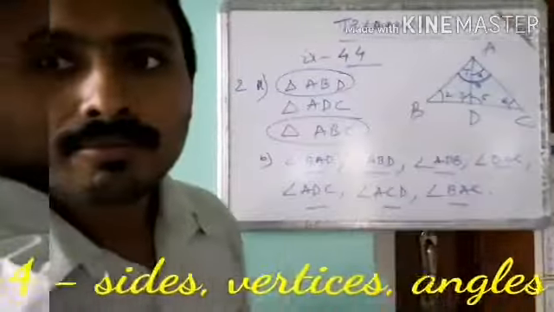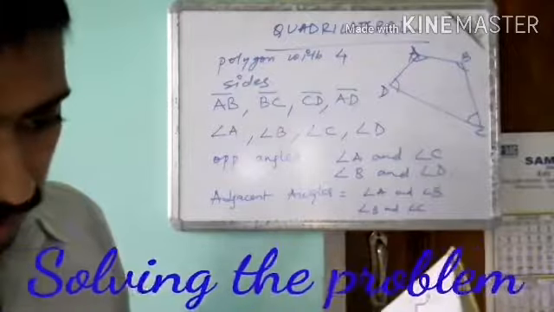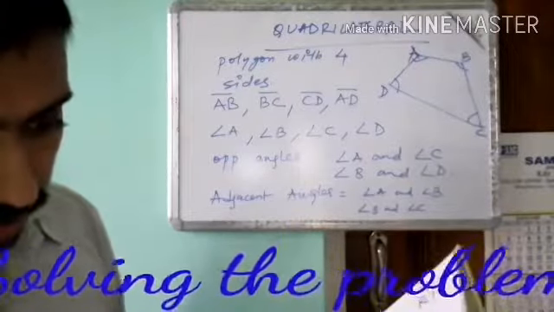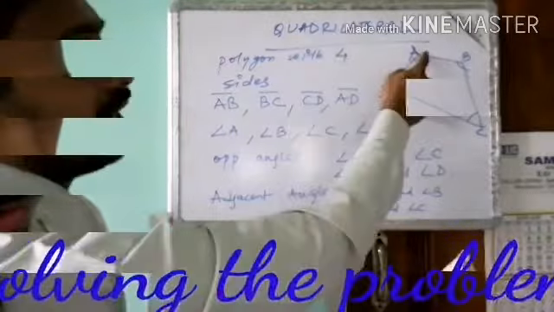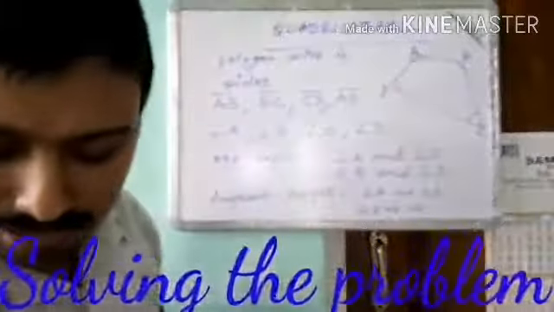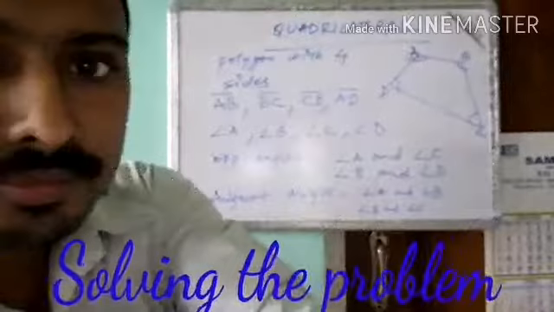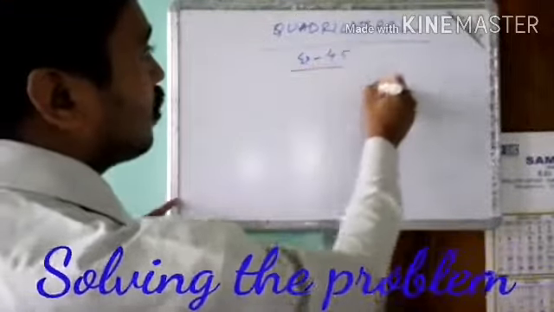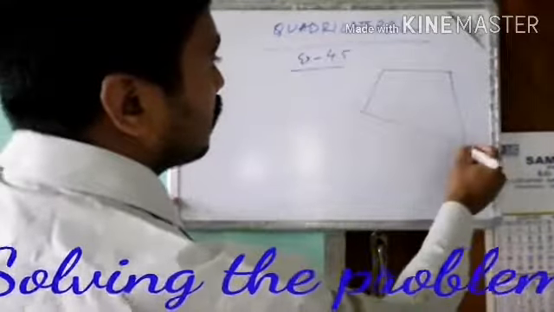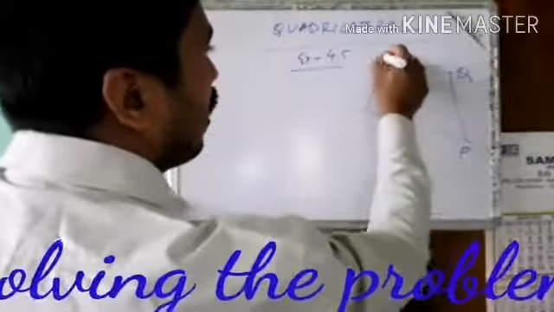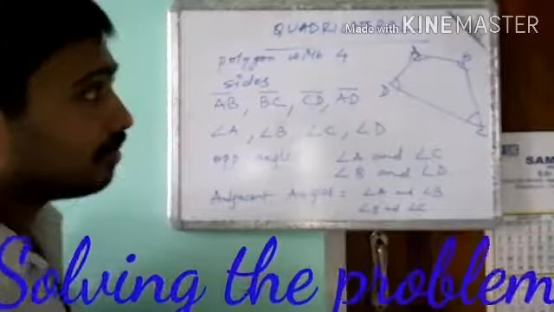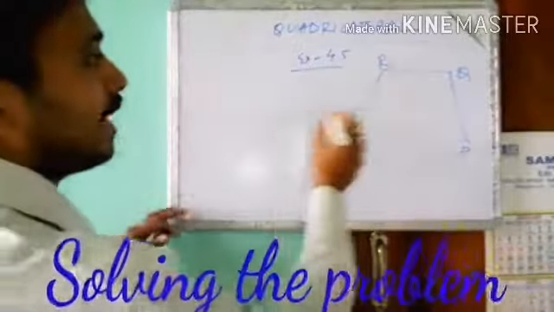Draw PQRS. Draw the diagonals. Name them, interior or exterior. I'll draw a quadrilateral PQRS. So a diagonal is asked.